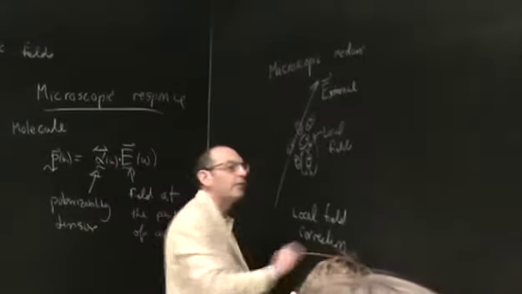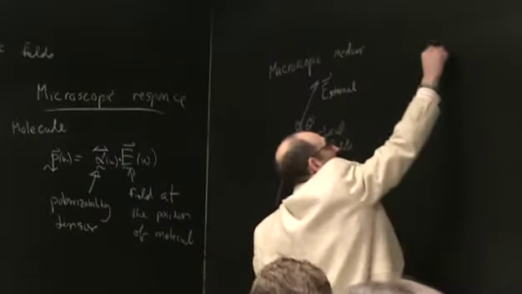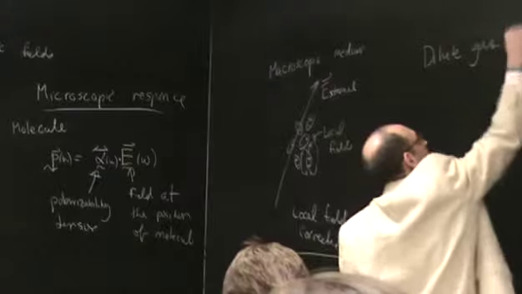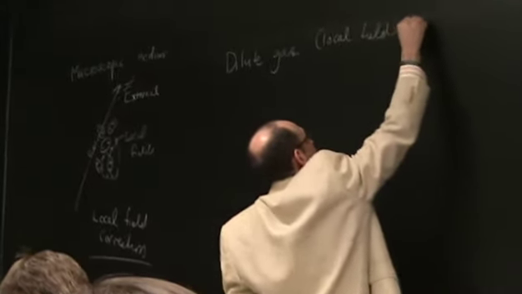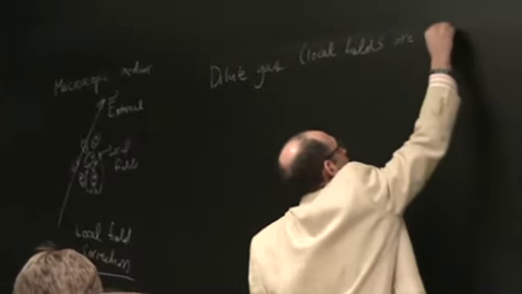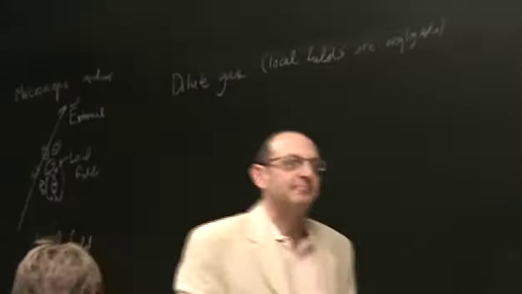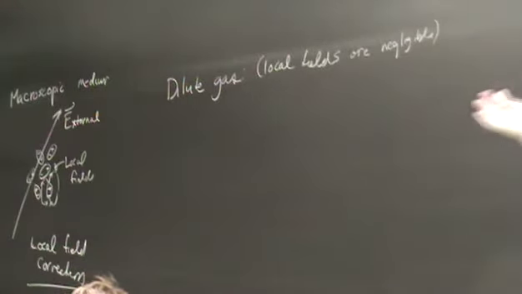This is local field corrections. On the other hand, if I have a very dilute gas, such that local fields are negligible compared to the external fields, so I might have an atomic vapor, okay? And I'm going to put a laser field on that vapor.